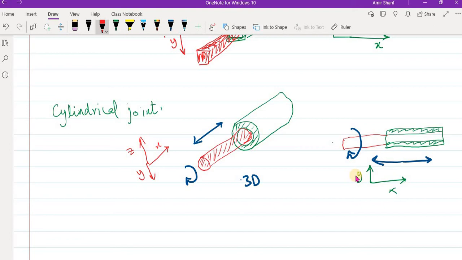There can be rotation about the z-axis, but there can be no rotation about the x-axis.